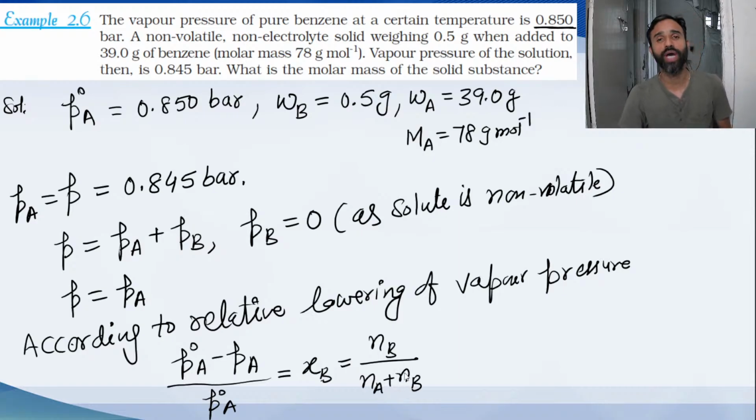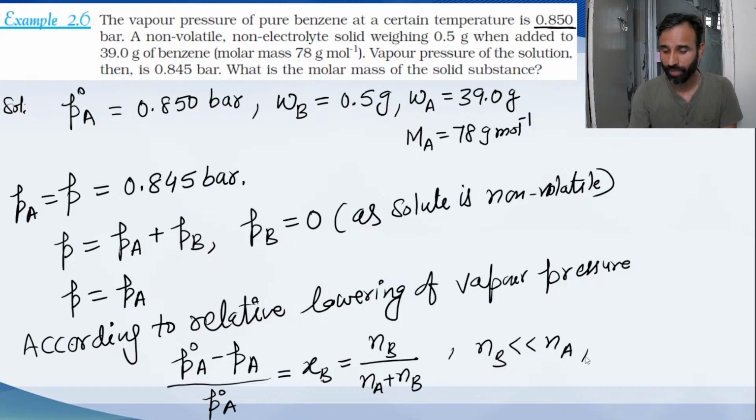But NB is very, very less as compared to NA. See, it is 0.5 gram in 39 gram of benzene. Because of this, NA plus NB is almost equal to NA.